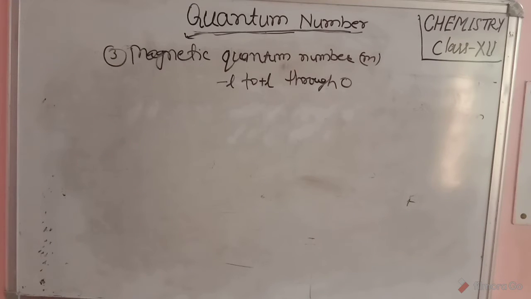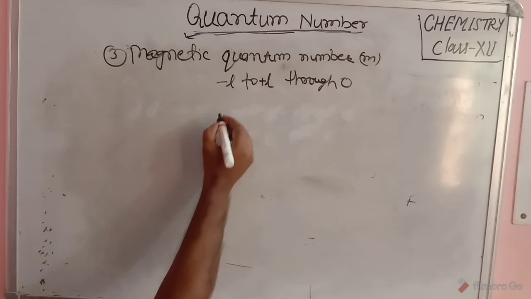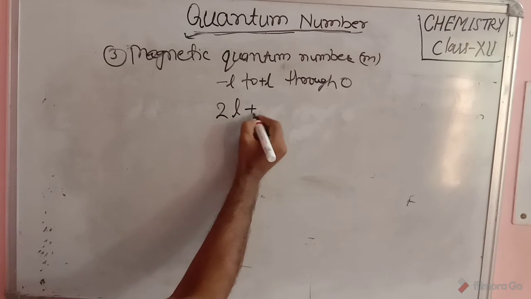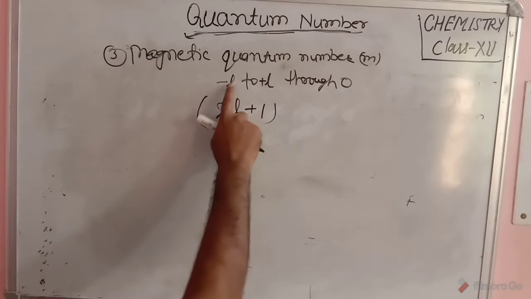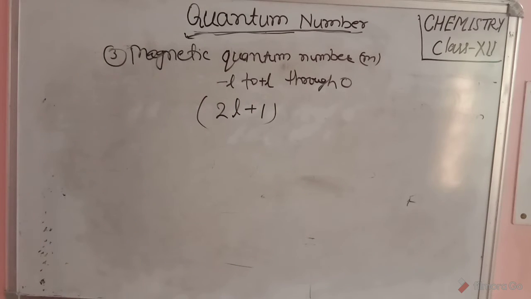So for a given L value, there are 2L plus 1 values for m. What will be the value of the magnetic quantum number? It lies between minus L to plus L.